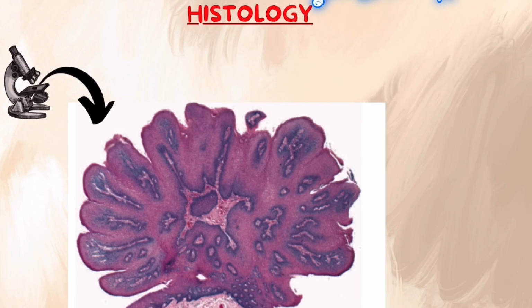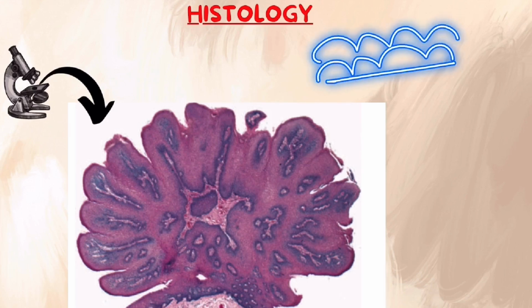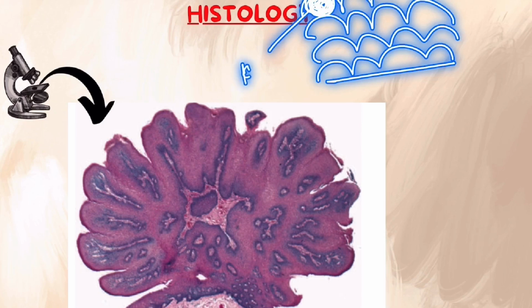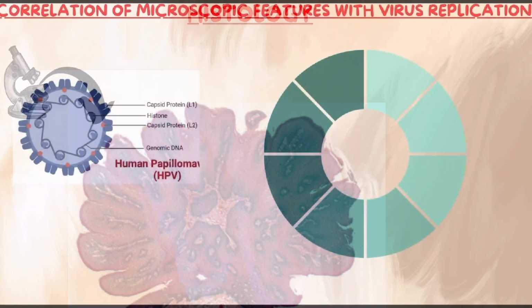This process is normal. In some cases, you can see basilar hyperplasia. And there are some cells known as koilocytes, usually seen in the superficial layers of the epithelial cells. We'll see about the koilocytes in detail in the upcoming slides.